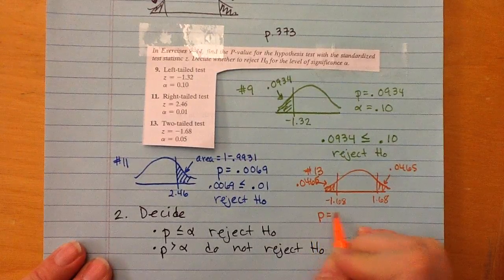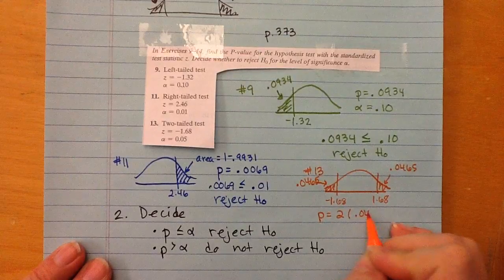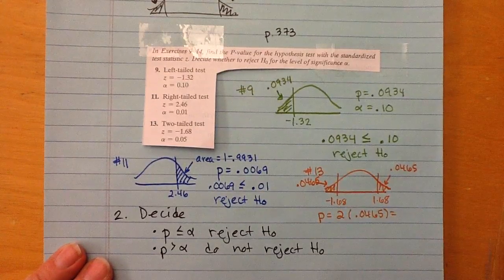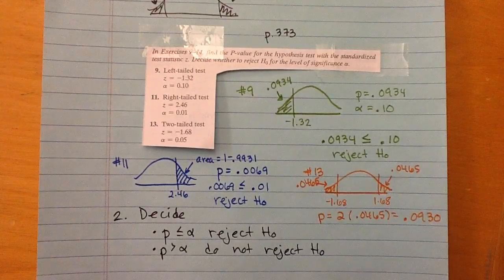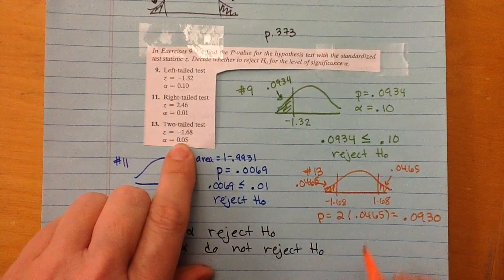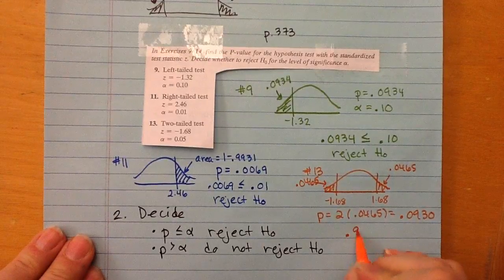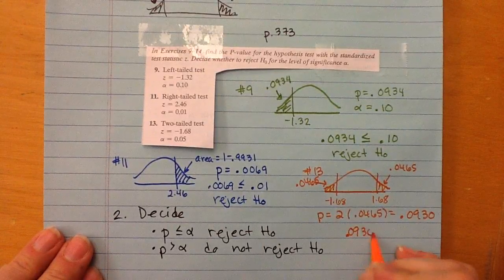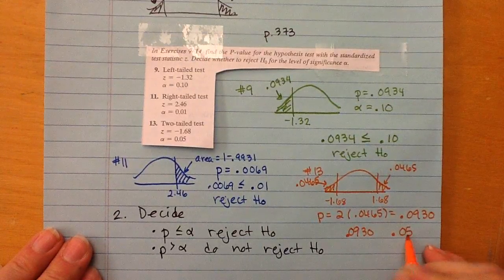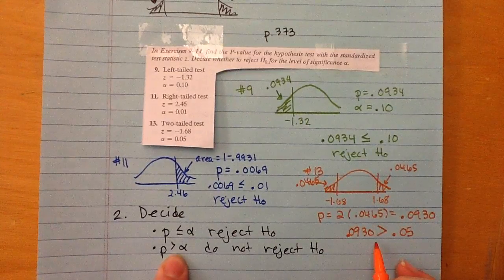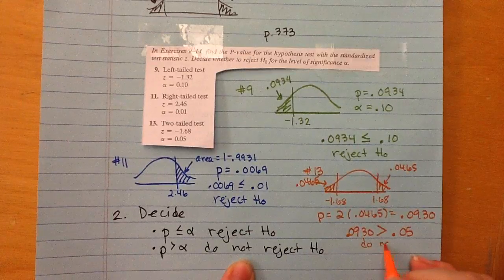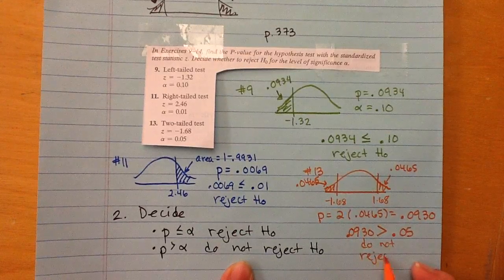So P is twice 0.0465, which is 0.0930. It tells me alpha is 0.05, so I compare my P, 0.0930, to my alpha, 0.05. This time my p-value is greater than my alpha, so I do not reject H sub 0.